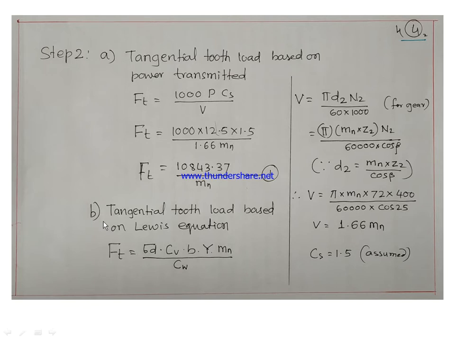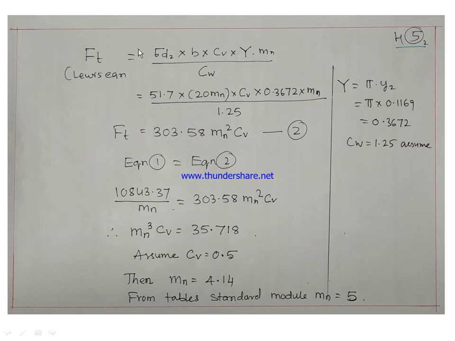Similarly, calculate the tangential tooth load based on the standard Lewis equation for helical gears. So this is the equation sigma d into Cv into b into Y into mn divided by Cw. So here the parameters or values of gear will be used because gear is the weaker member. So sigma d2 into b into Cv into Y into mn. b will be same for both pinion and gear. It is not a problem.